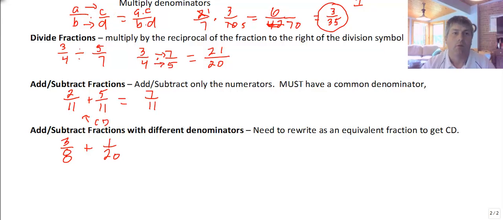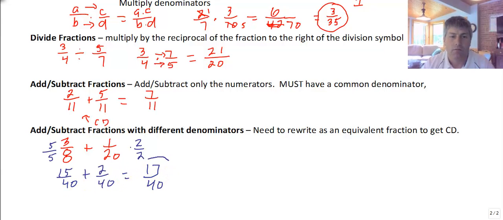So I would multiply the 3/8 by 5 over 5, that's 1, and the 20 by 2 over 2, so I don't change my value on the number line, and I get 15 over 40, it's the equivalent of 3/8, plus 2 over 40, it's the equivalent of 1/20th, but now I have a common denominator, and I get 17/40ths, and there's my answer.